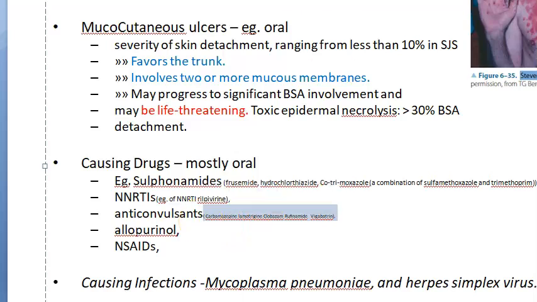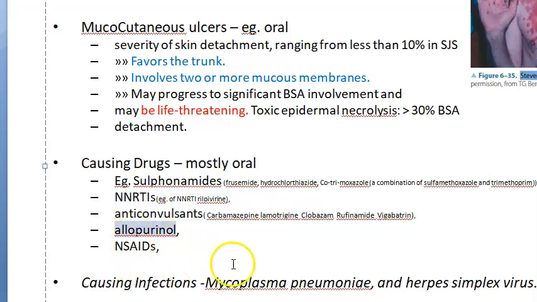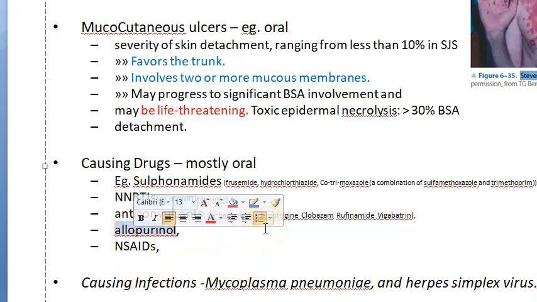And then anticonvulsants, like carbamazepine, lamotrigine, clobazam, vigabatrin, etc. If you are giving any anticonvulsants, that is seizure medication, Stevens-Johnson syndrome can happen, guys. Then you should know about allopurinol, which is used to treat gout. Some people who have a particular gene can be very sensitive to it, and it can become Stevens-Johnson syndrome in them.